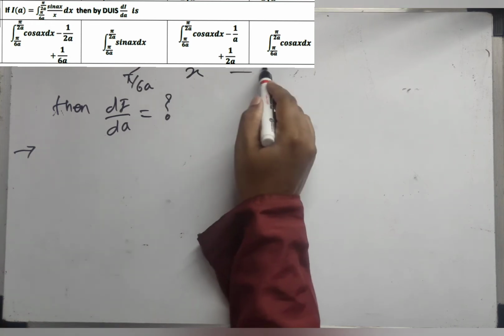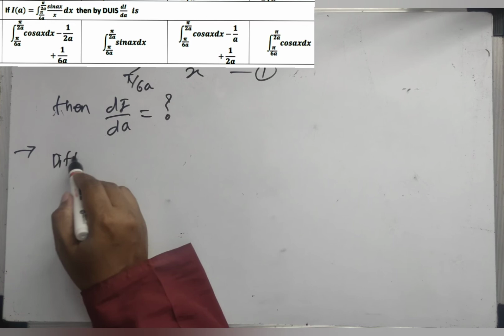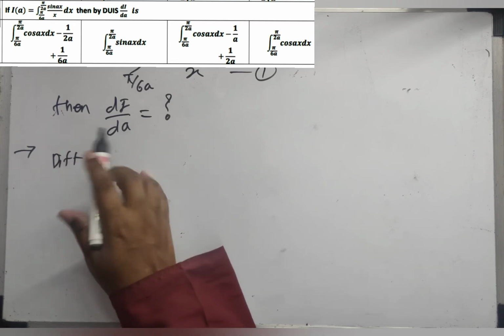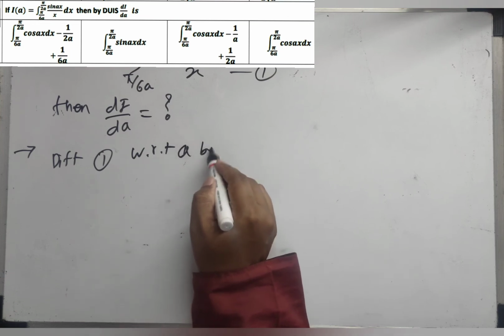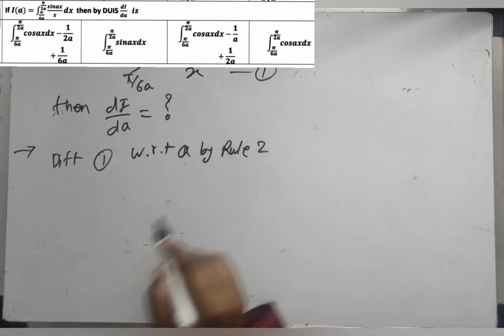So taking derivative of I, differentiating the integral with respect to A by rule 2 of DUIS.